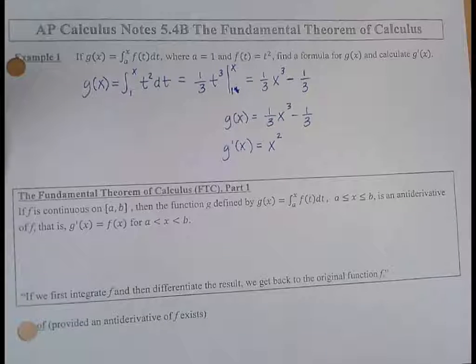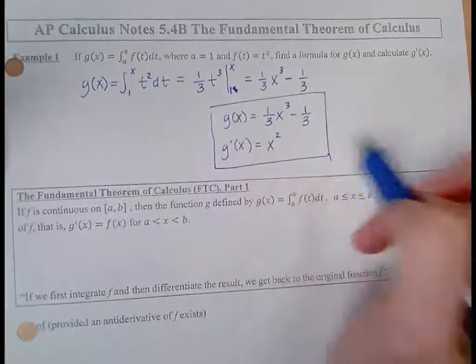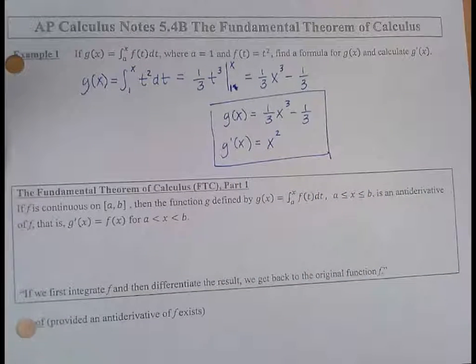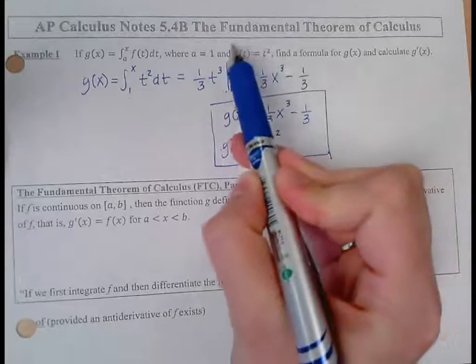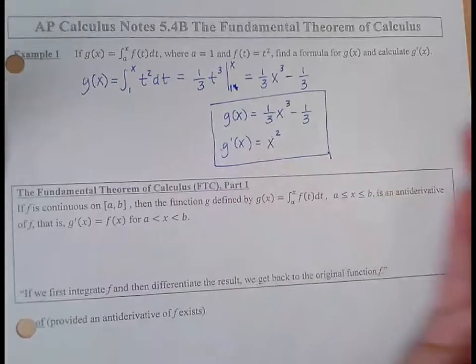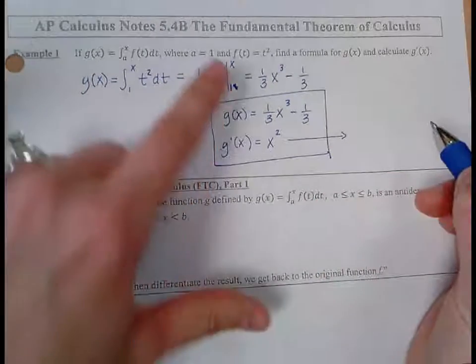Yes. So what we're supposed to get from this, so here's g of x, here's g prime of x. All this is showing is what the first part of the fundamental theorem of calculus states. It's showing that g prime of x is really equal to f of x. So from here, I'm just going to write this out.